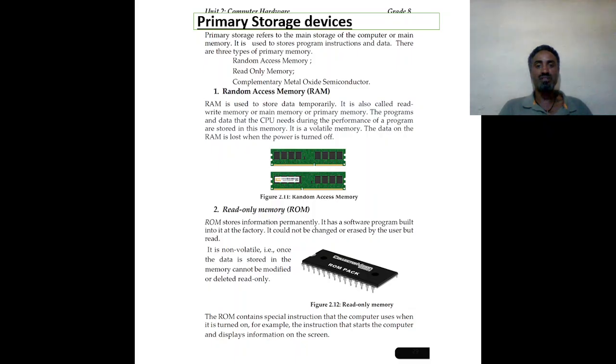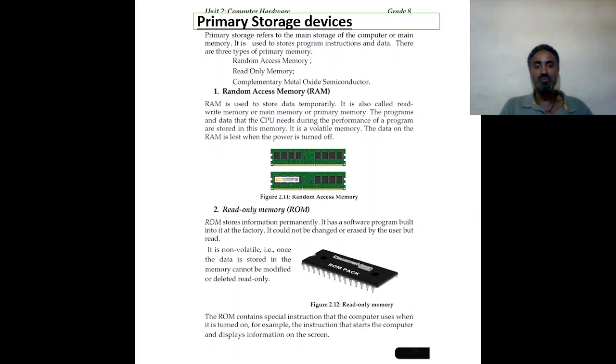The program and data that the CPU needs during the performance of a program are stored in this memory. The CPU by itself needs this memory. It is a volatile memory, which means if the computer stops working or the light goes off, the file stored under this memory will be lost if it is not saved.